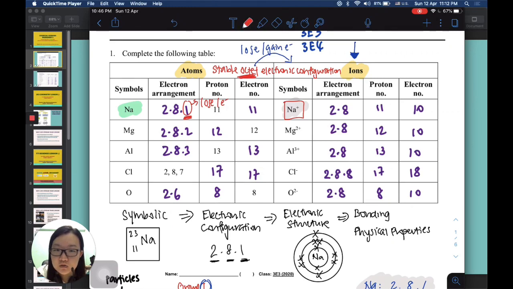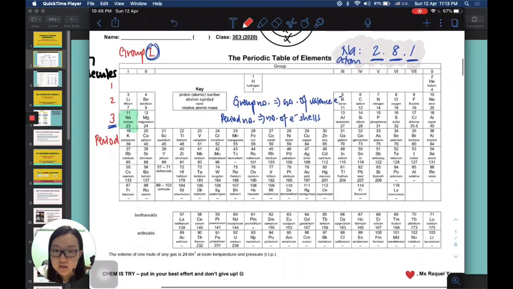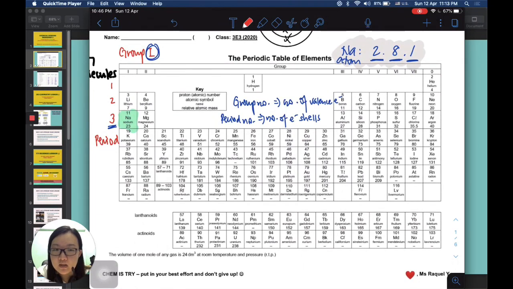Next, proton number. Proton number should remain the same as 11 because proton number, as we have mentioned, is just like your NRIC number. It doesn't change. It's tagged to you for life. It's unique to you. So again, if we bring back the periodic table and have a look at it, notice that the proton numbers are all unique.